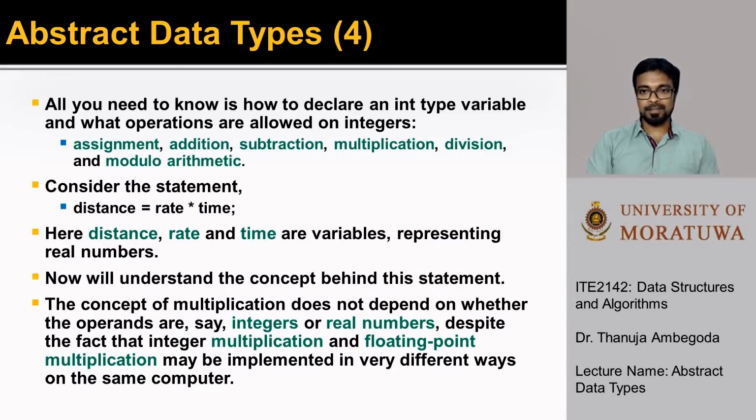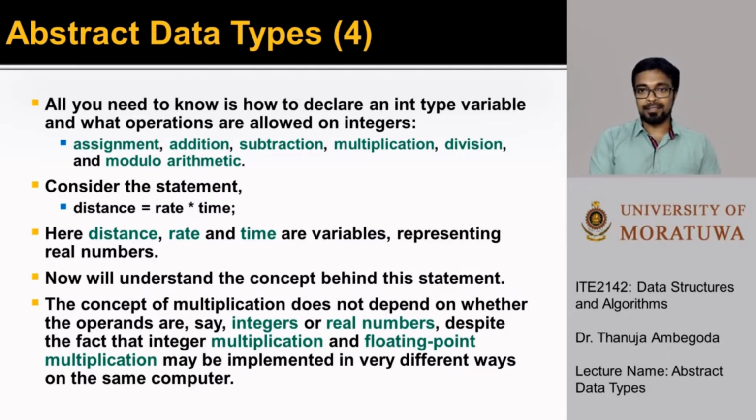Real numbers could be floating point numbers or maybe integers, right? Mostly they are floating point numbers. So the concept of multiplication does not depend on whether the operands are integers or real numbers, right? Multiplication is still multiplication.